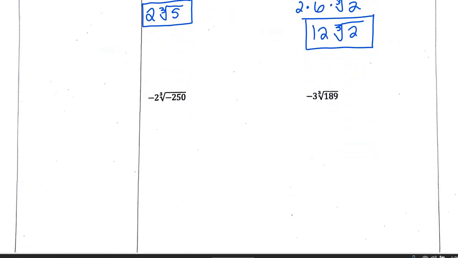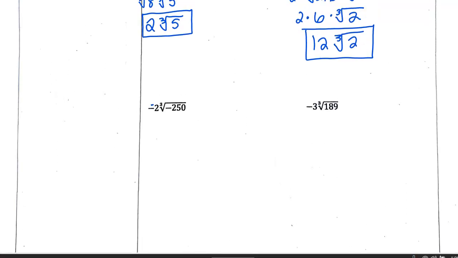All right, let's look at the next one. So we have a negative cube root. So remember that means that we're going to take out a negative. But look at this. We have a negative 2 already outside. So when we take out that perfect cube root, remember it's a negative times a negative. Keep that in mind. All right, so let's look at this. We have negative 2 times the cube root of negative 125 and times the cube root of 2.